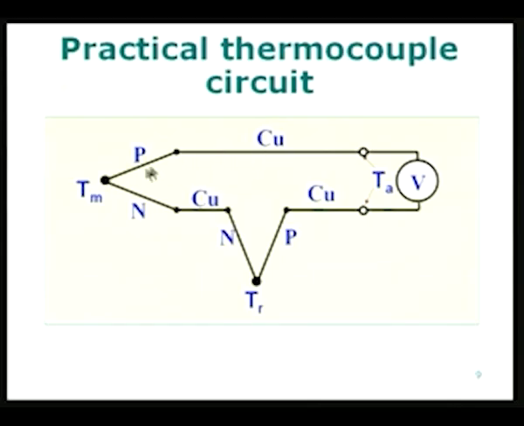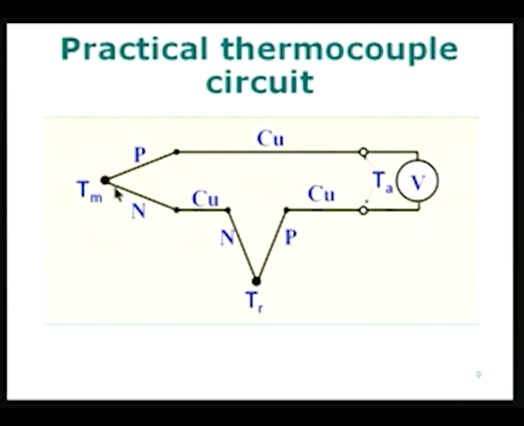Instead of taking the same wire all along, I could have done that. That is what I did in the simple thermocouple circuit. Here I am deliberately using copper wire. If you look at the temperature variation, the temperature Tm here, Ta here, most probably all this material from somewhere very close to the junction is all at the same temperature Ta, that is the ambient temperature.